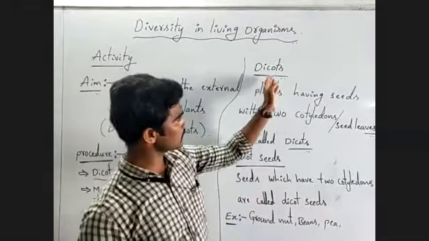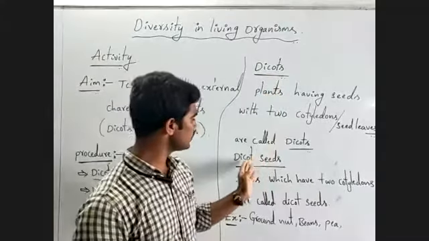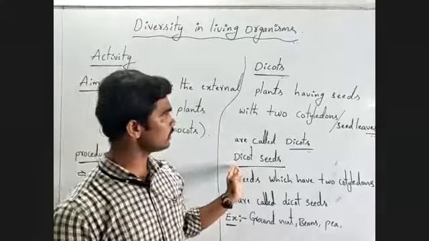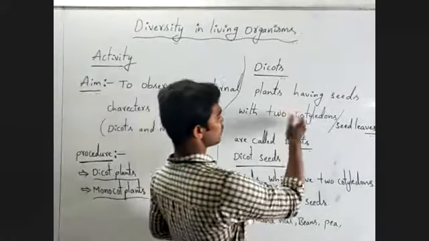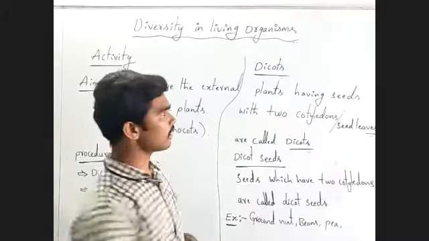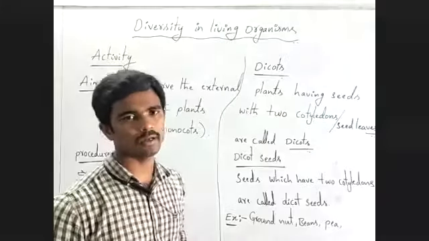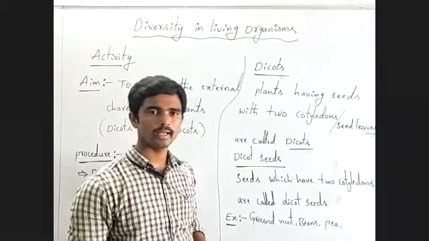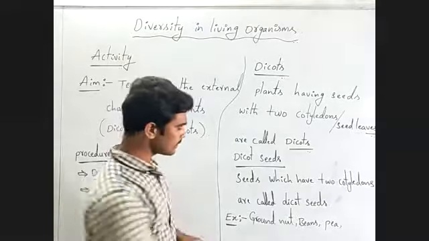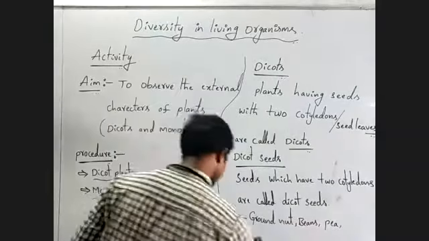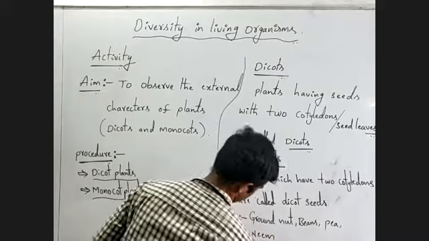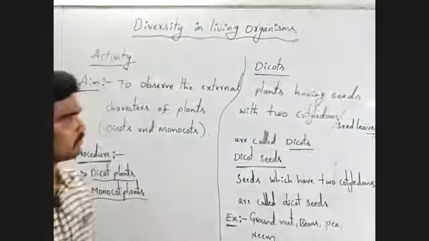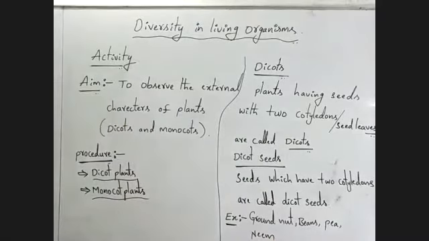Dicot plants are plants which have dicot seeds, or seeds having two cotyledons. Are you understanding? These are the examples: neem plant, tamarind.